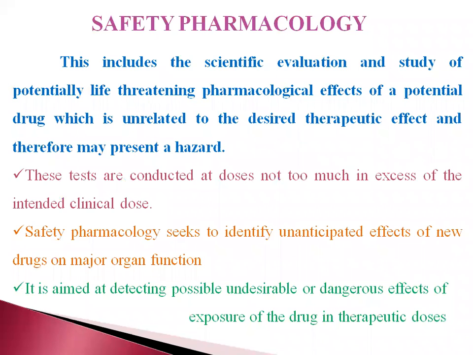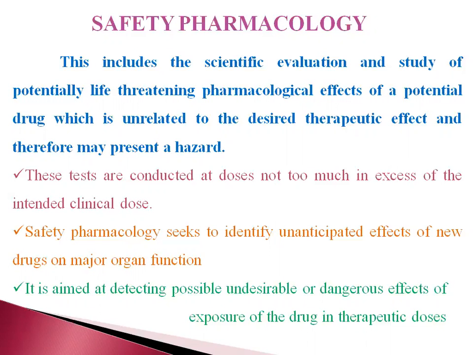The next part is safety pharmacology. Safety pharmacology means apart from the therapeutic effect of a particular compound, we need to check safety related issues particular to that product. This includes the scientific evaluation and study of potentially life-threatening pharmacological effects of a potential drug, which is unrelated to the desired therapeutic effect.